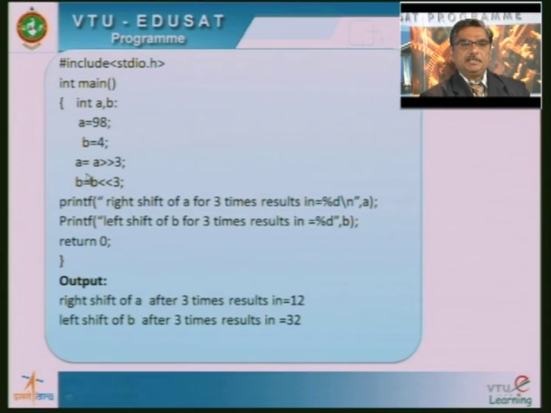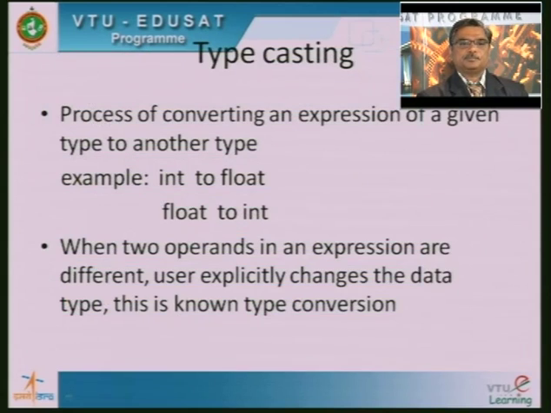When you print the values of a and b after these two operations, the results are 12 and 32, which can be observed here. The value of a is printed with %d in the printf statement, and b is printed in its position. This is how we can use the variables a and b with the shift operators.